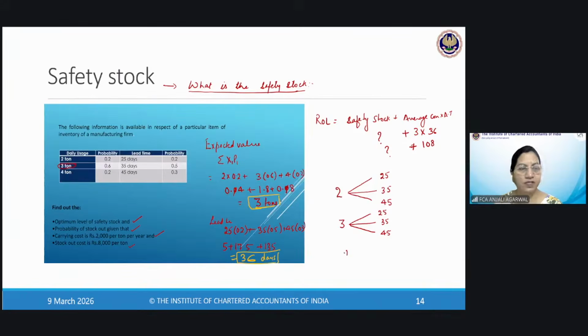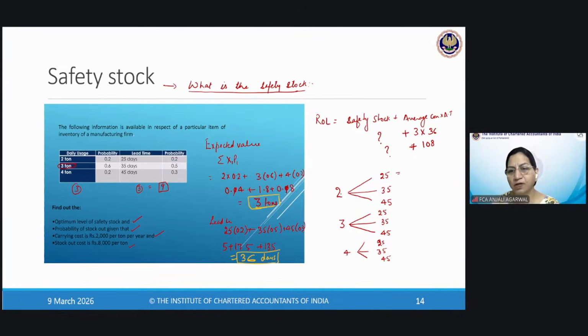Or if the usage is 4 tons and it took you 25 days, 35 days and 45 days. Is there any other possible scenario? So 3 possibilities in usage, 3 possibilities in lead time, so in totality there will be 9 combinations or 9 scenarios.